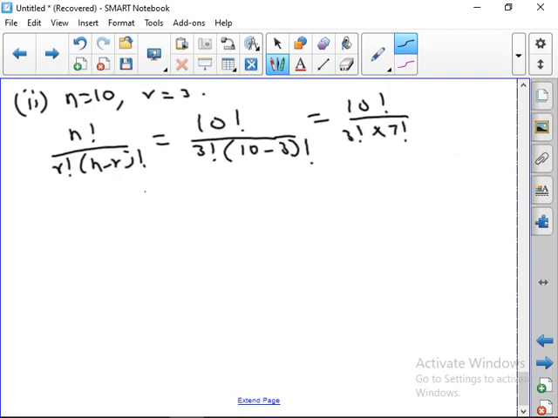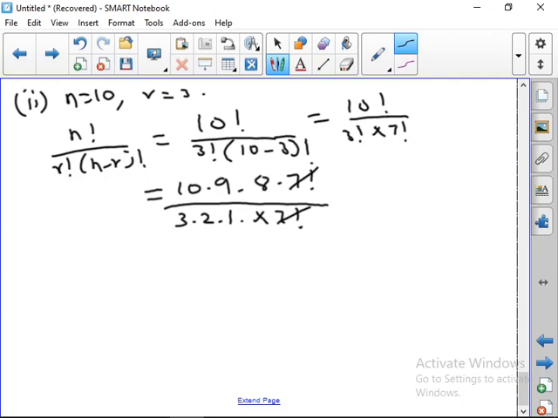We can write 10 factorial as 10 into 9 into 8 into 7 factorial, by 3 factorial, which is 3 into 2 into 1 into 7 factorial. So 7 factorial gets cancelled. 3 goes here 3 times. 2 goes here 4 times. So it is 10 into 3 into 4, which is equal to 10 into 12, which is equal to 120.